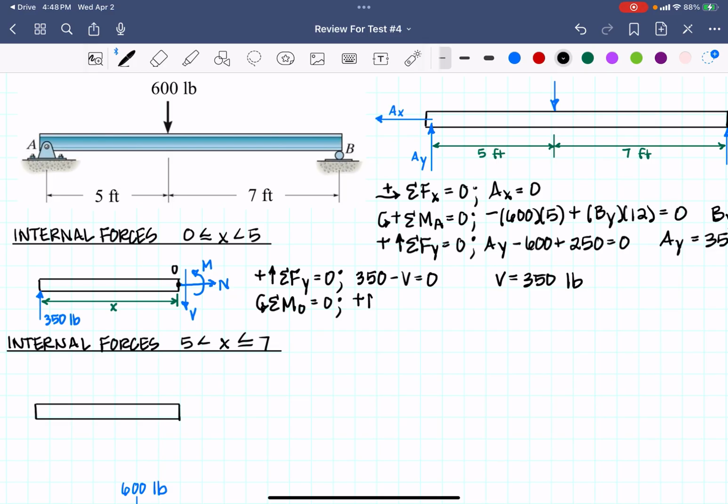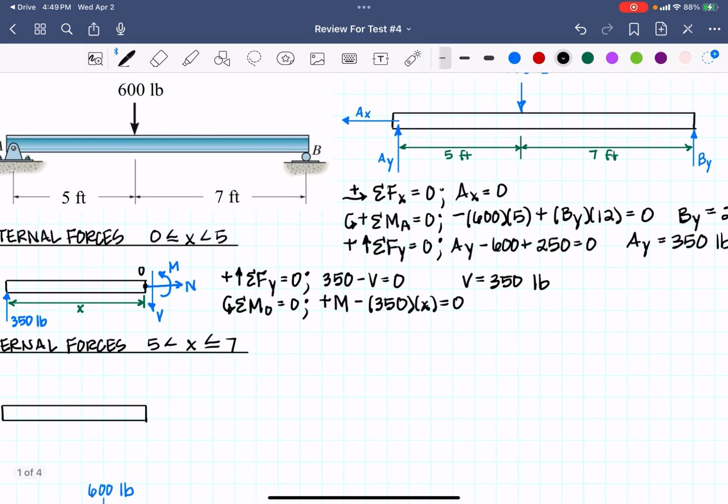It's the bending moment there, the internal force. And then I'm going to have the negative reaction from A at 350, and it is x away equals 0. So if I solve that for m, I get that m equals 350 times x. So that is my function from 0 to 5.